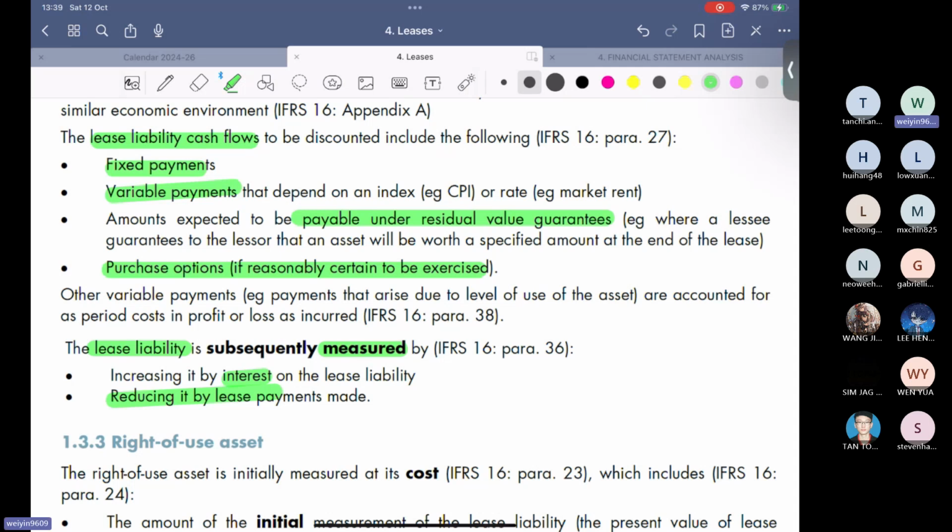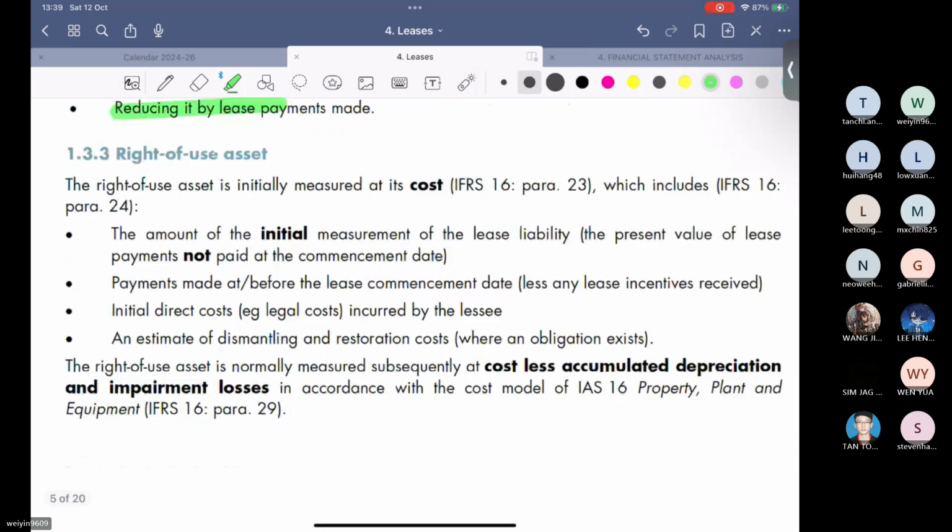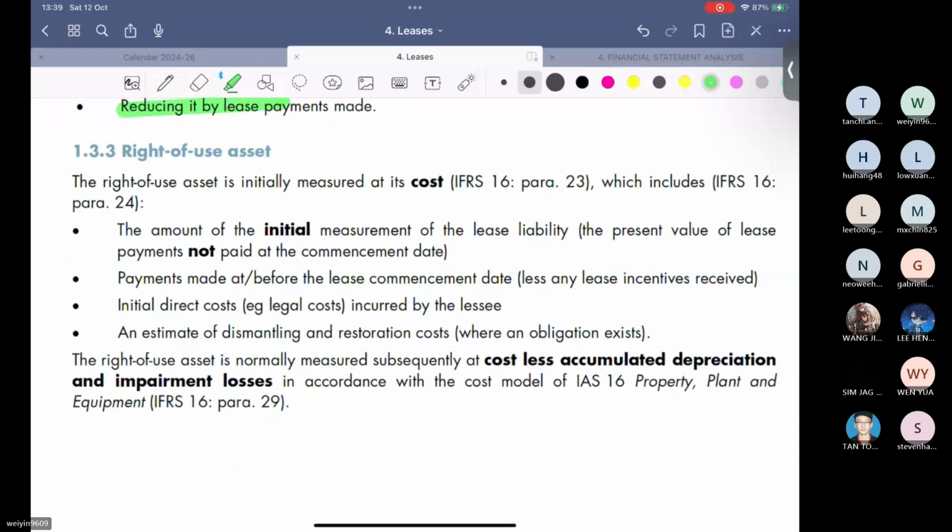If this is the asset, right? Therefore, it will initially be measured at cost. This cost includes the initial measurement of the lease liability. Can you see this one? That means whatever you calculate at the beginning for the lease liability, the first part that you need to put in will be the lease liability in your ROU calculation.